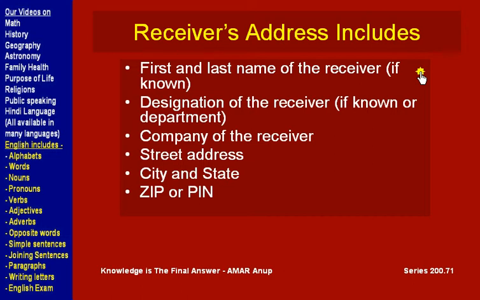And the second line is the designation of the receiver. He is the president, he is the sales manager, he is the accounts manager. So the designation of the receiver. Sometimes you even do not know the correct designation of the receiver, and then you can write the department. So you can write sales department.